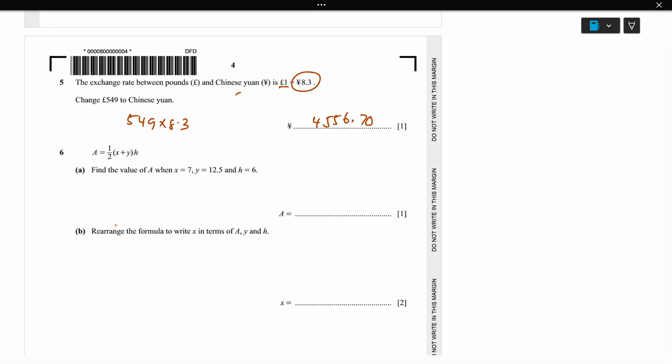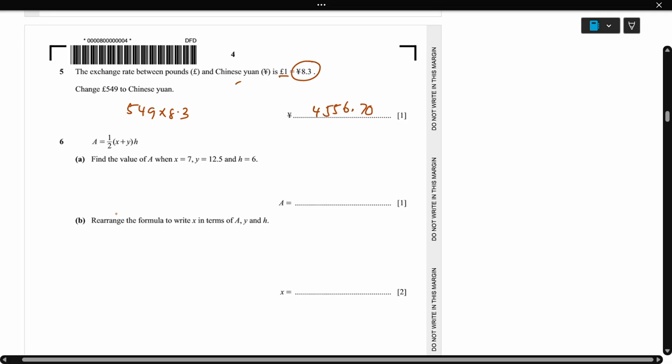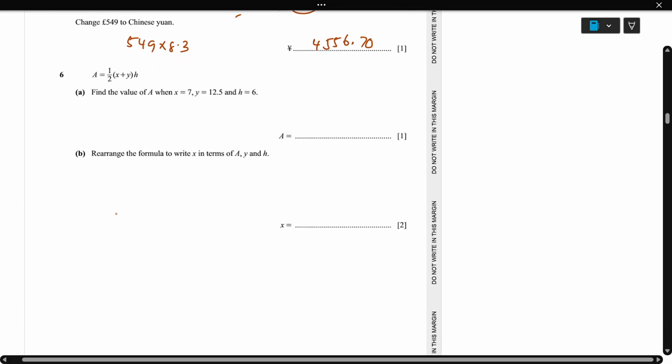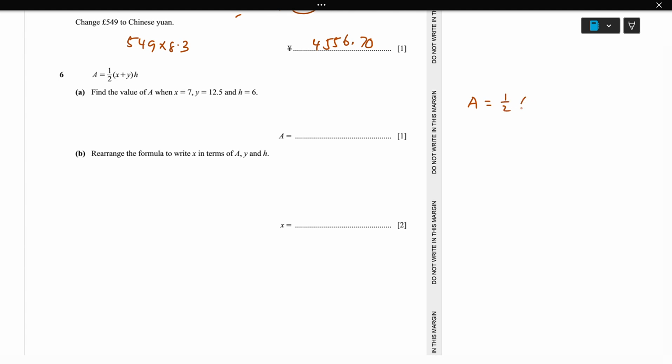Next one, find the value of A when x equals 7, y equals 12.5, and h equals 6. So just substitution here. A equals 1 by 2 times (7 plus 12.5) times 6.